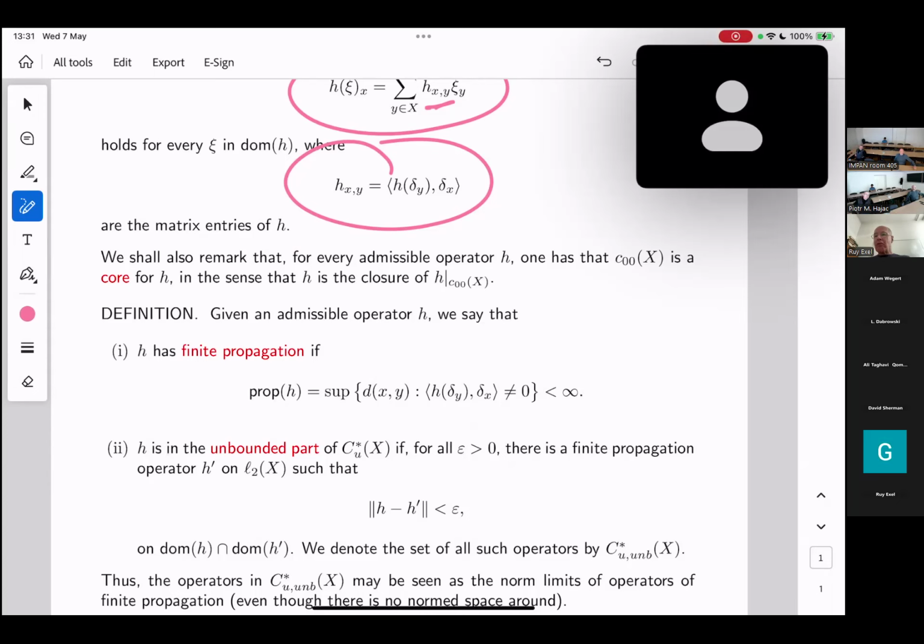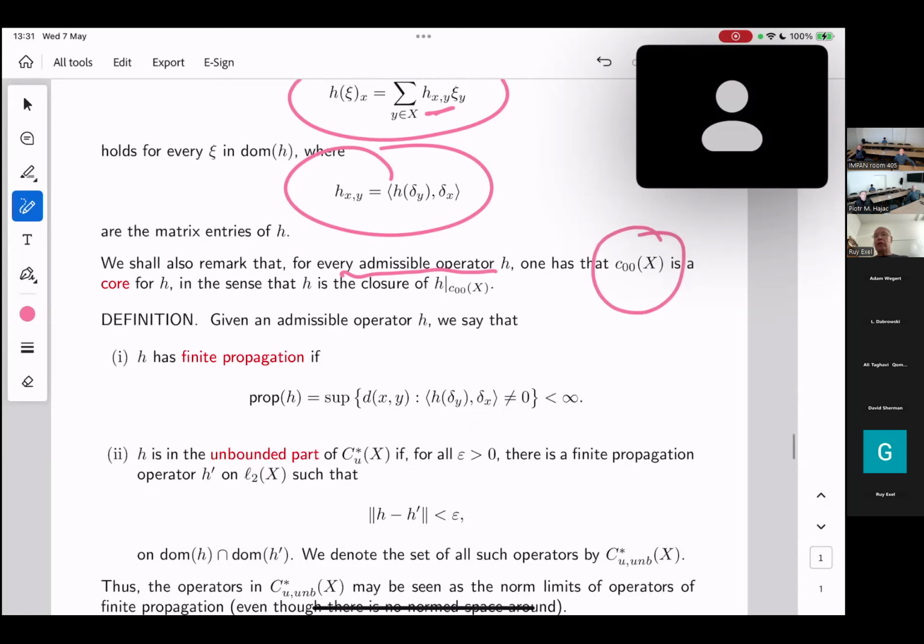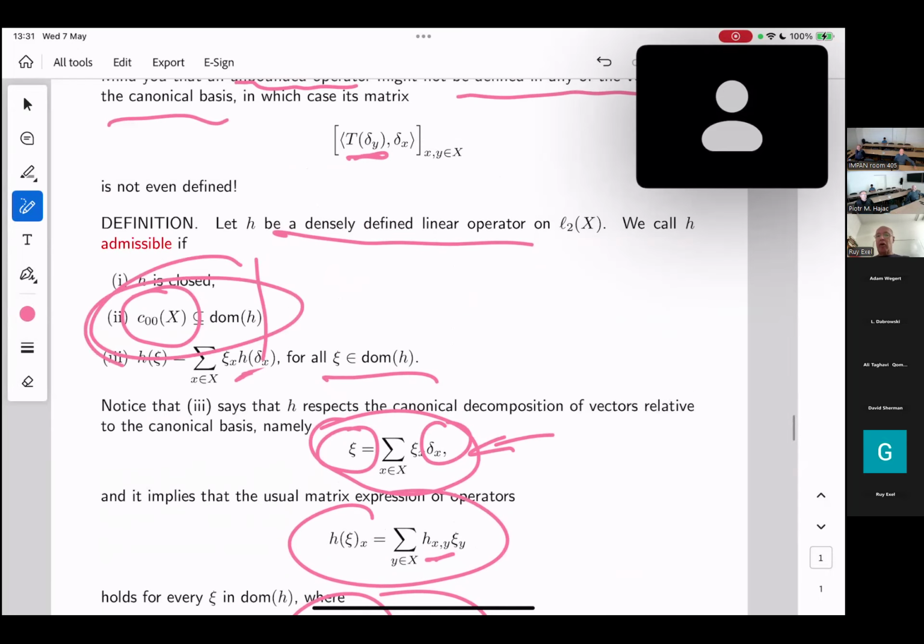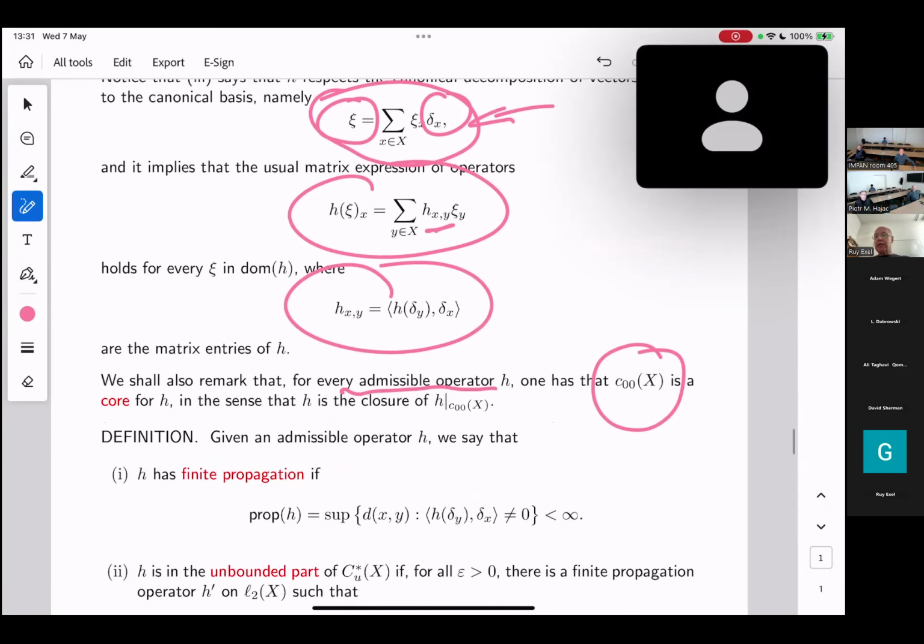So if we have an admissible operator, another consequence that's not so obvious is that C00, which is a subset of the domain of the operator, is always a core for H. A core for an operator is a subset of the domain such that if you restrict the operator to this subspace and you take the closure, you get your operator back.